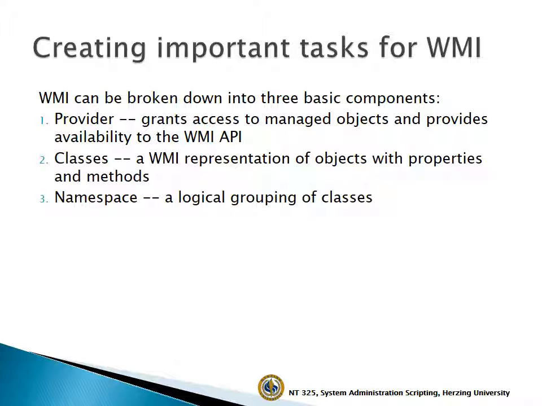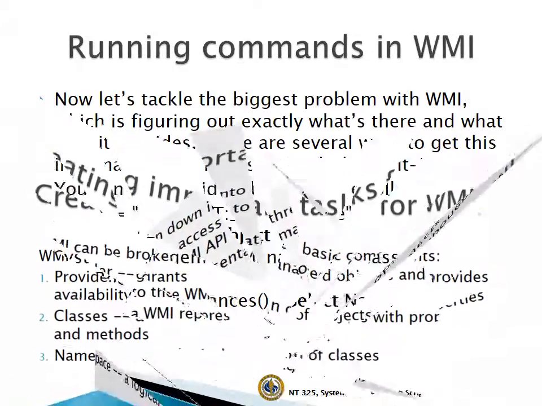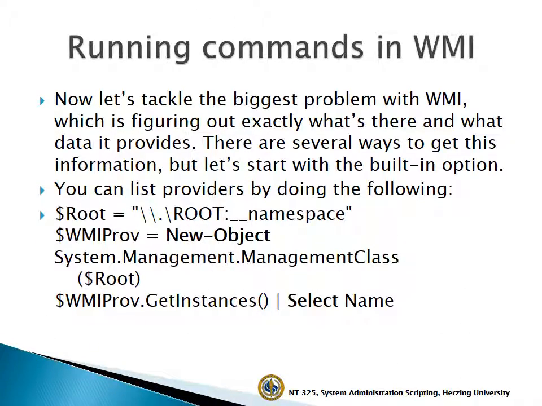Now let's tackle the biggest problem with WMI, which is figuring out exactly what's there and what data it provides. There are several ways to get information about this, but let's start with the built-in option. Running commands in WMI. Now, as we've discussed before, the biggest problem with WMI is figuring out exactly what's there and what data it provides.